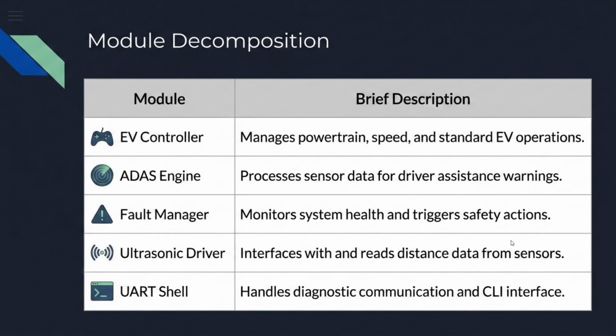The fault manager monitors the overall health of the system and detects abnormal conditions. The ultrasonic driver interfaces directly with the ultrasonic sensors and measures obstacle distances. Finally, the UART shell manages communication between the STM32 and the Python dashboard. Splitting the software into modules makes the project easier to understand, maintain, and expand in the future.